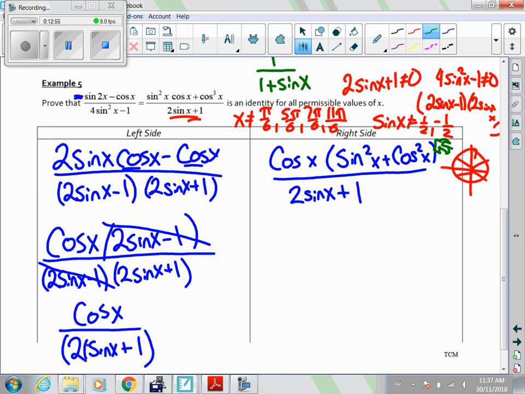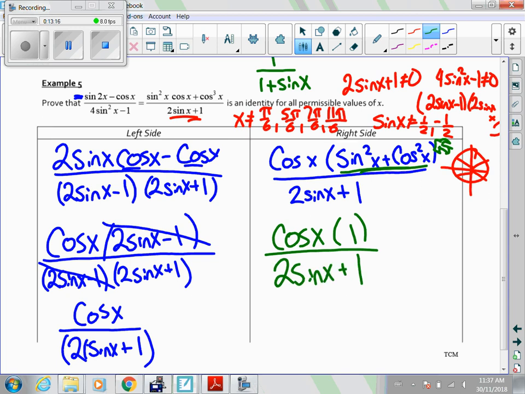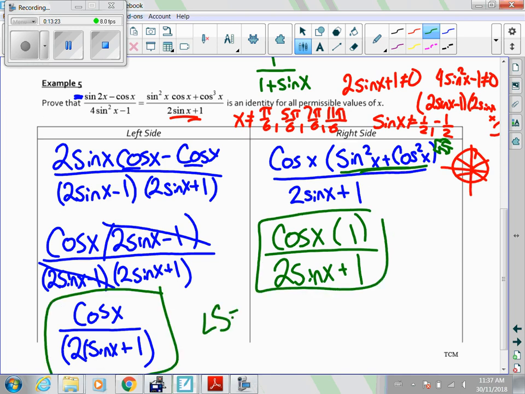That is just my basic sine squared plus cos squared equals 1, my start of the course, start of this unit Pythagorean identity. So this whole thing is just 1. So now I'm just at cos x times 1 over 2 sine x plus 1, and bada bing, bada boom, there we go. Left side equals right side. Happy, happy.